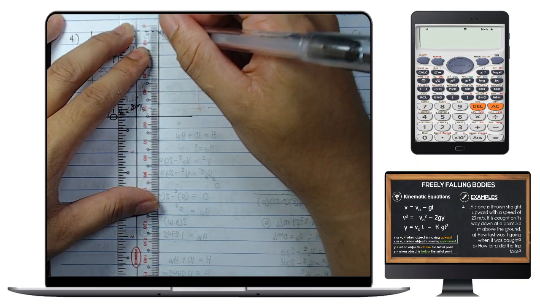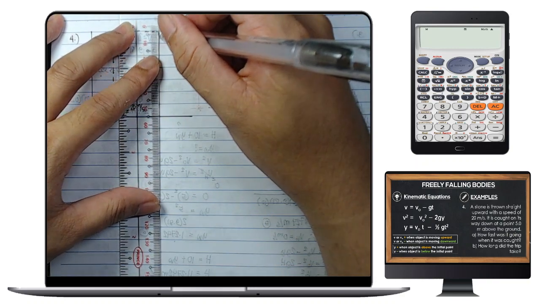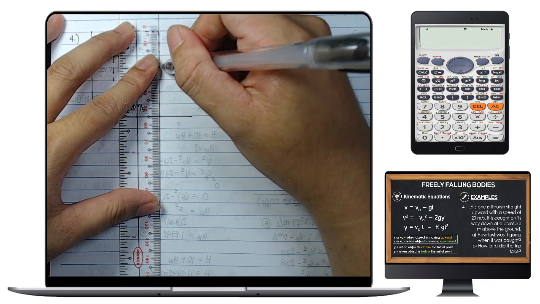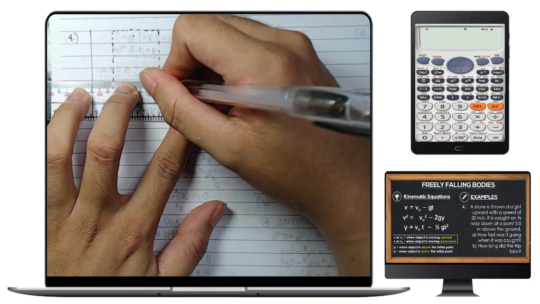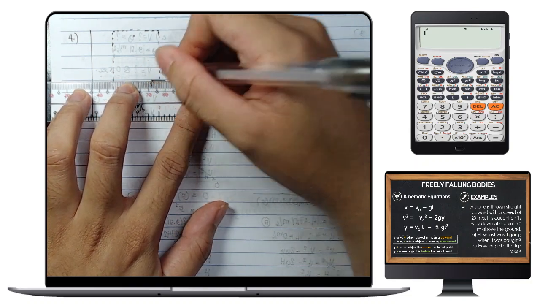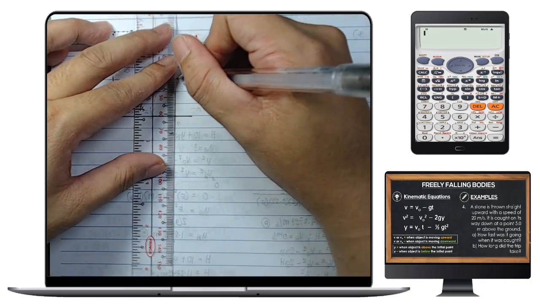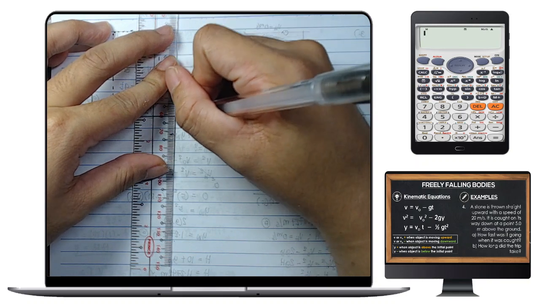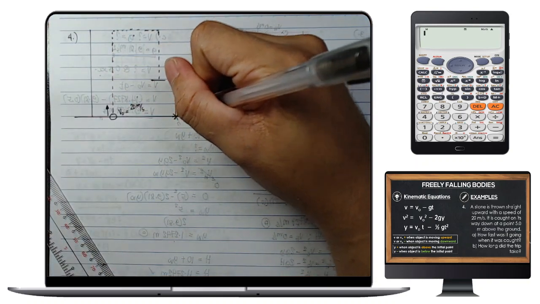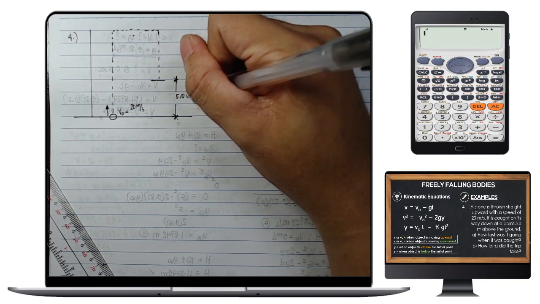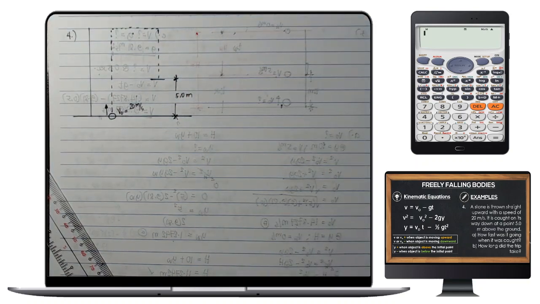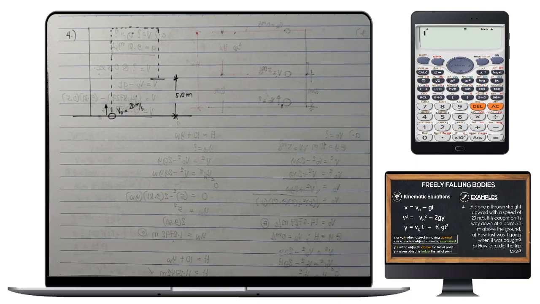Pero para lang makita natin sa figure, ihiwalay ko lang ng konti. Okay? So, on its way down, it is caught at 5 meters above the ground. So, hindi siya dumiretso sa ground. Sinalo siya at a point 5 meters above the ground. So, yan yung magiging figure natin.